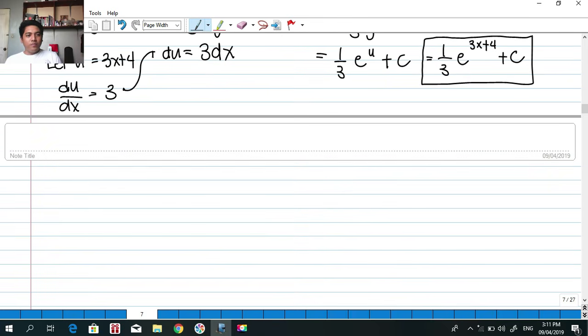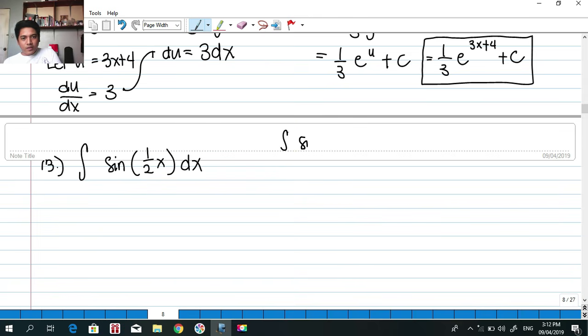Okay, so let's go now to trigonometric. For number 13, for example, we're going to evaluate the integral of sine of 1/2 x dx. We know that the integral of sine x is simply equal to negative cosine of x plus c.